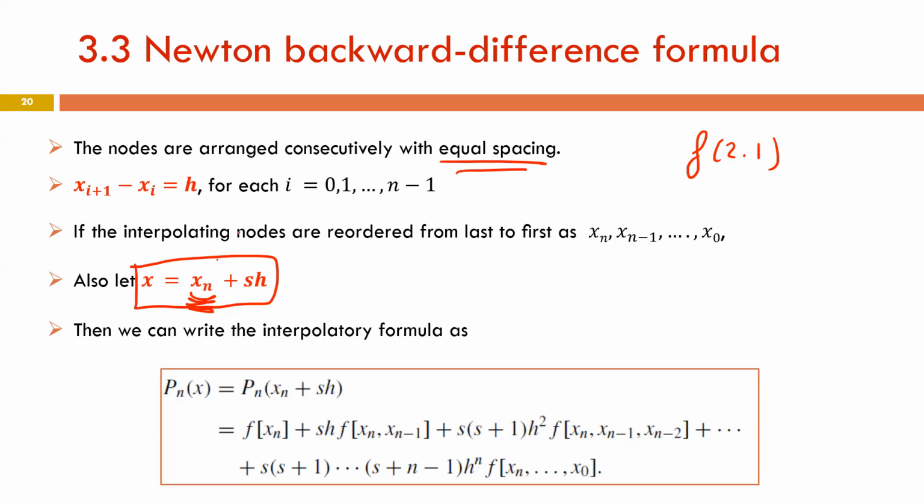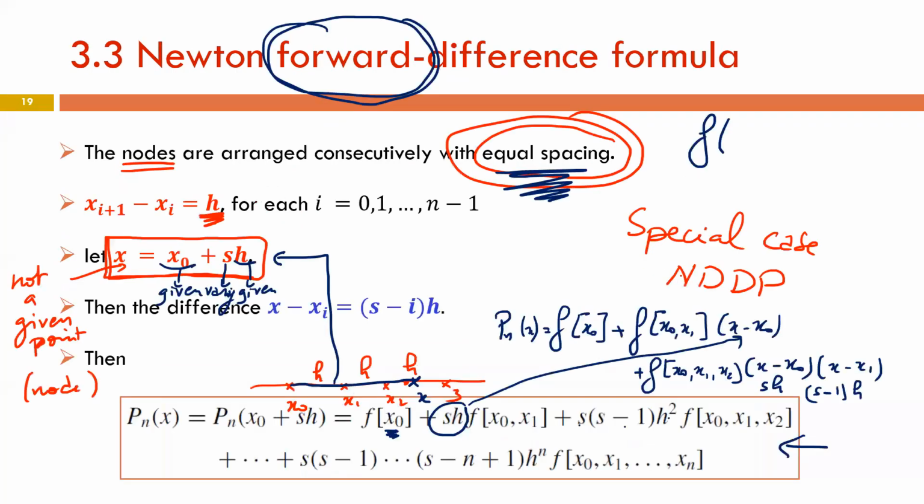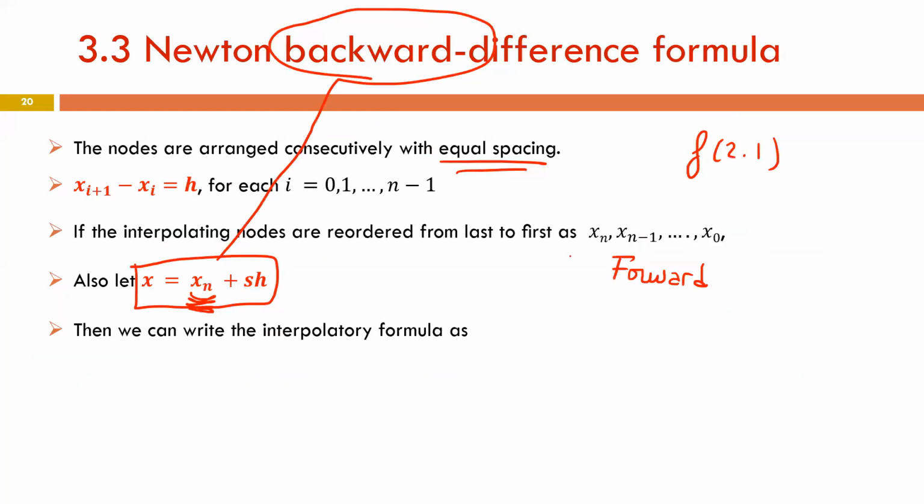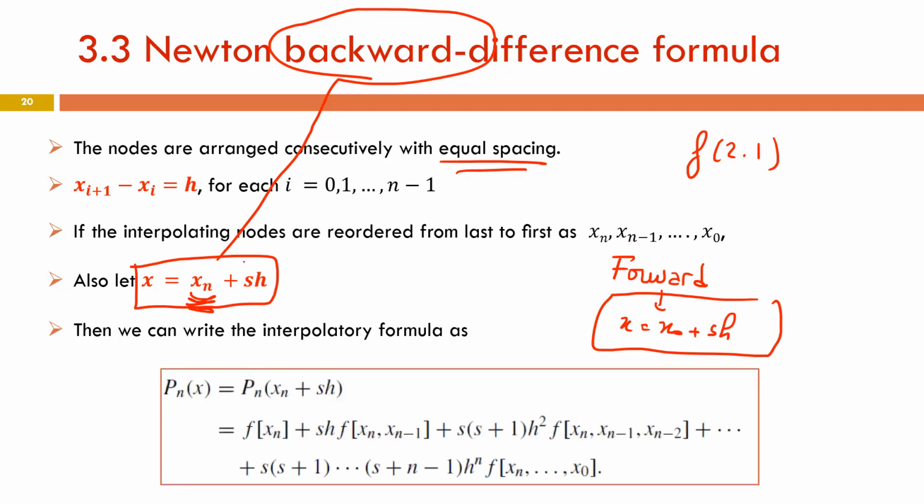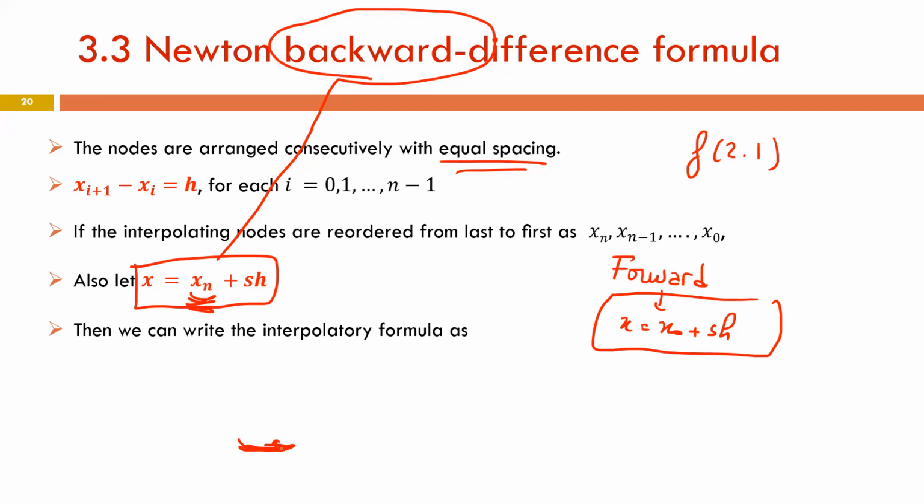Where is this? In the backward. In the forward, I recall we used x0 plus sh. So x is x0 plus sh. This is the forward difference. Backward difference is xn plus sh. And in this case, I will have another formula here. We'll use the differences with respect to xn, not x0 like here.